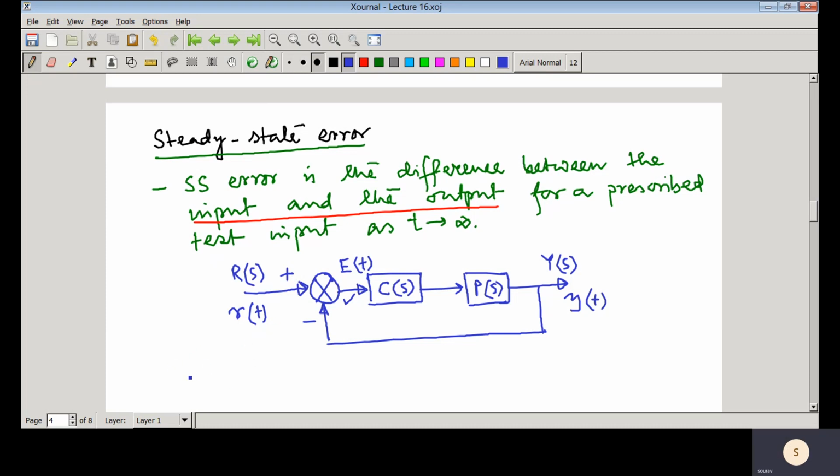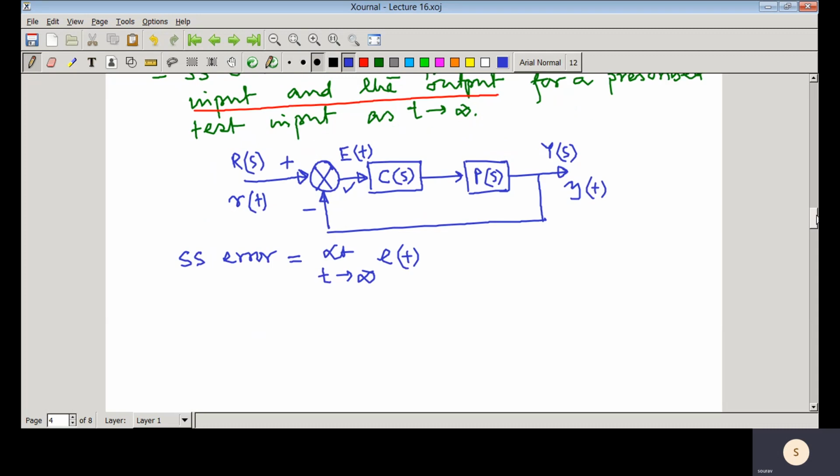The steady state error is the limit as t tends to infinity of e(t), that is r(t), the reference command, minus y(t). That is actually the steady state error.